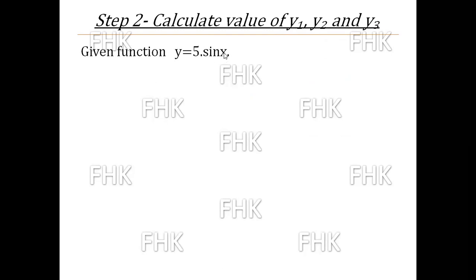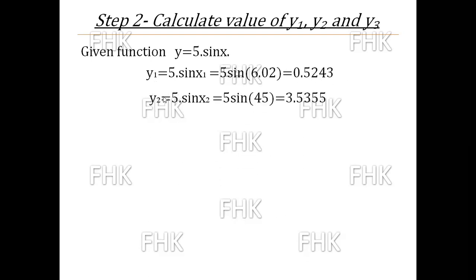So putting the values of x1, x2, x3 in this equation, I can find the values of y1, y2 and y3. So y1 is equal to 5 sin x1, with x1 equal to 6.02 degrees. After solving, the value of y1 I am getting is 0.5243.